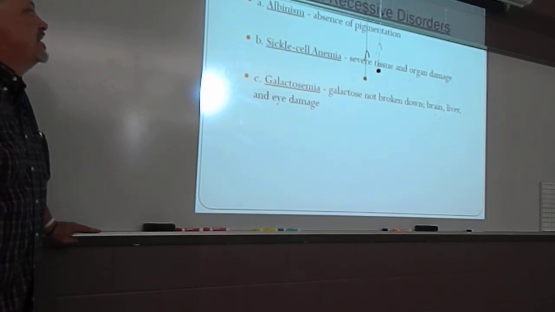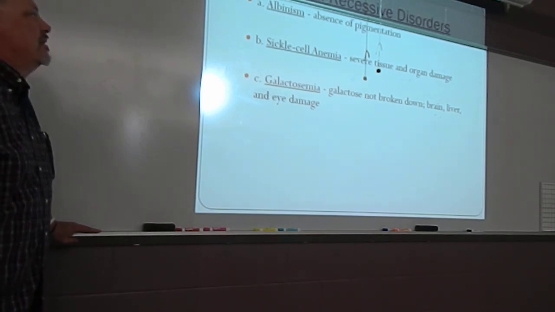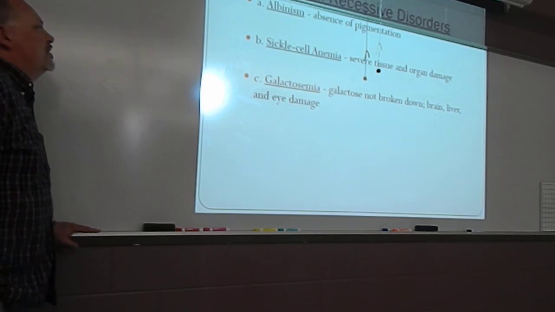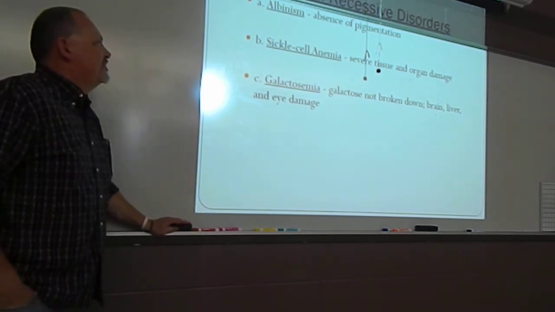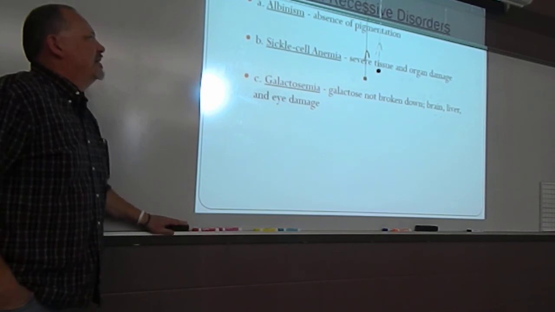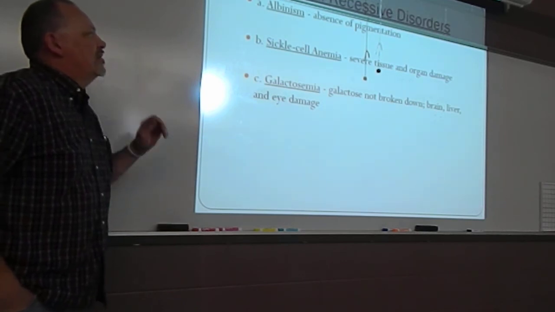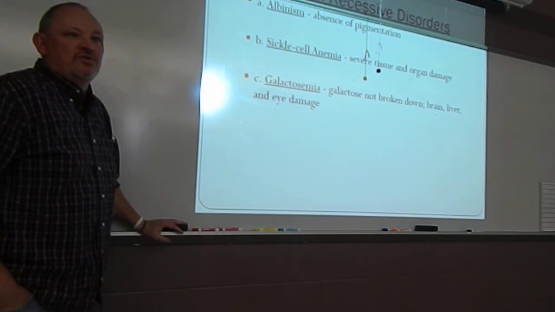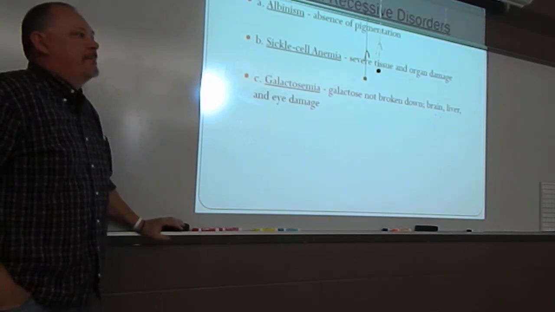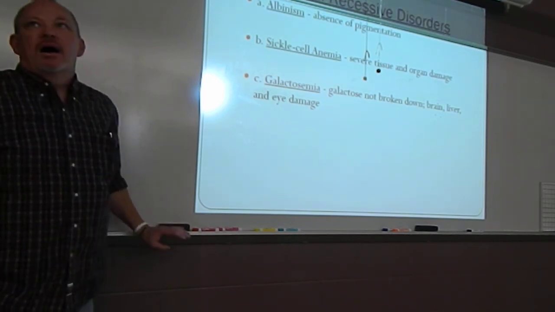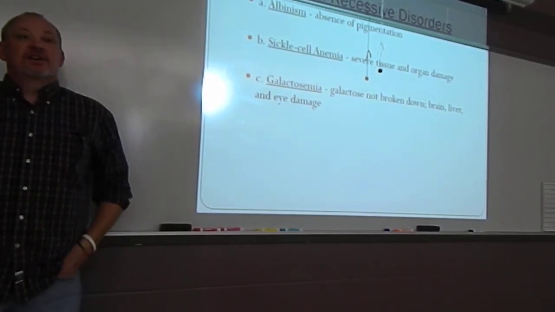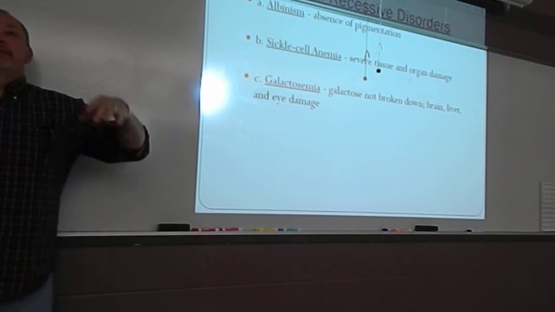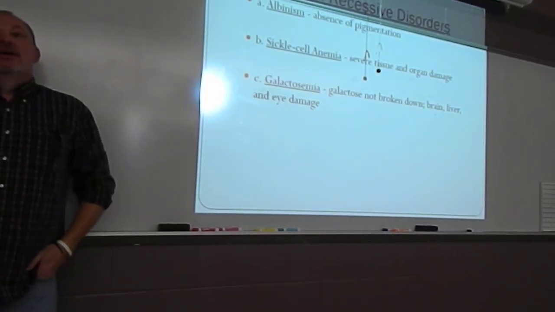All right, there's a lot of work being done. Those individuals who have darker skin and are originally from tropical areas, okay, are at a higher risk factor for sickle cell than regular other people, okay?